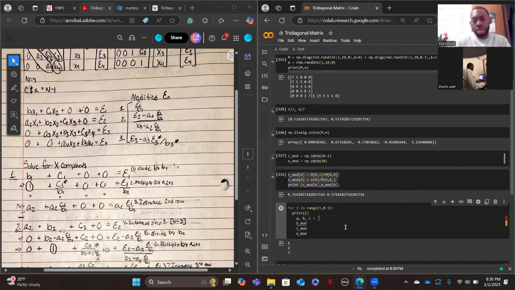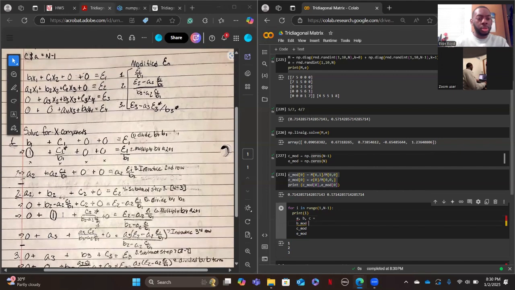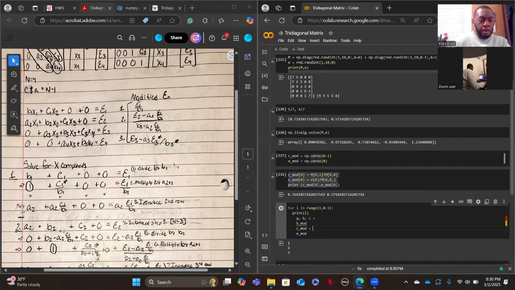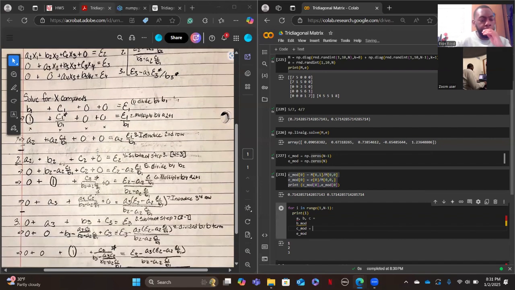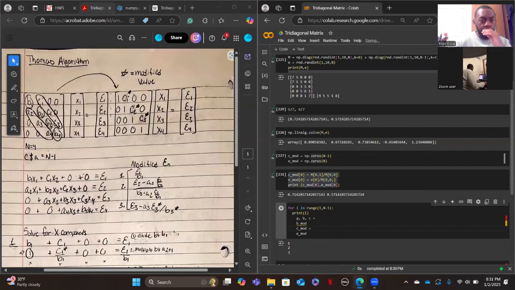All right. After this, so B mod. For our B mod, what would it be? Well, I know for our C mod, what would it be? Oh, I'm blanking right now. So we do our second column.